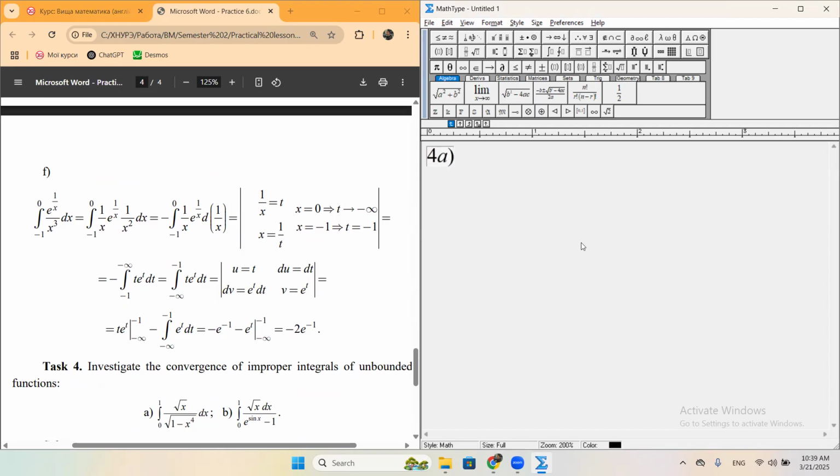We have the following integral, from 0 to 1, square root of x and 1 minus x in power of 4 dx.